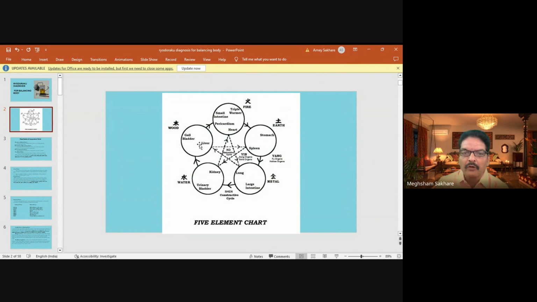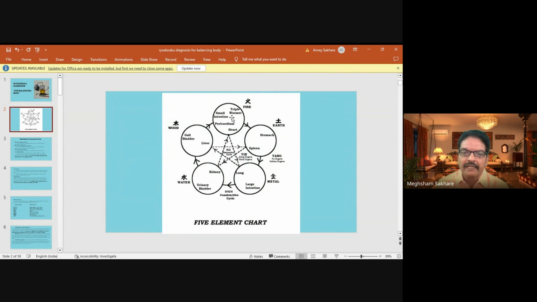When there is a problem of acidity or osteoarthritis or rheumatoid arthritis or uric acid, there must be imbalance of the gallbladder and liver channel, that is wood element. It may be excess. So wood element generates fire.